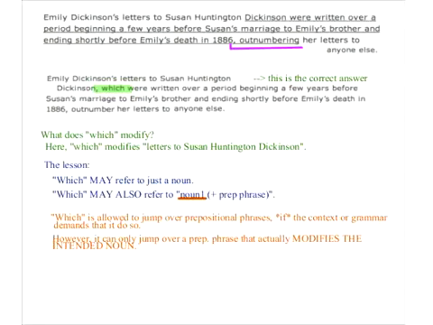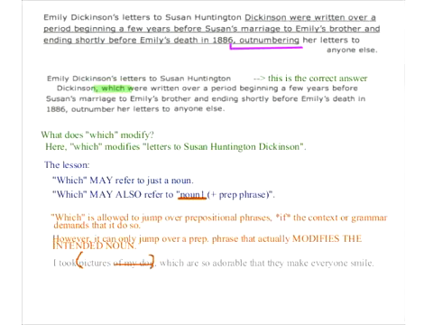If you say something like, I took pictures of my dog, which are so adorable, or which are so adorable that they make everyone smile. So in this case, pictures of my dog is actually a unit. Of my dog actually is talking about pictures.